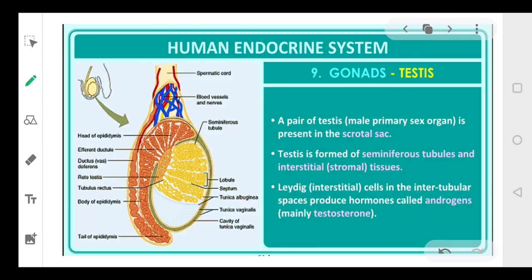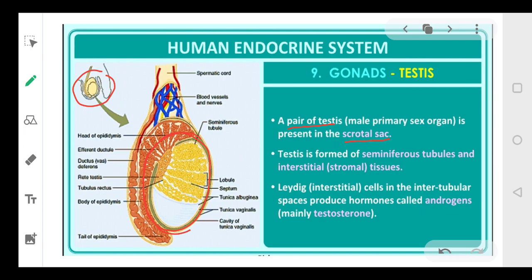Now, as you know, the testis is a male gonad and is present in males. There is a pair of testis, as you can see in the picture. This is the internal structure, the anatomy of the testis. The pair of testis are present in a sac-like structure outside the body, called the scrotal sac.